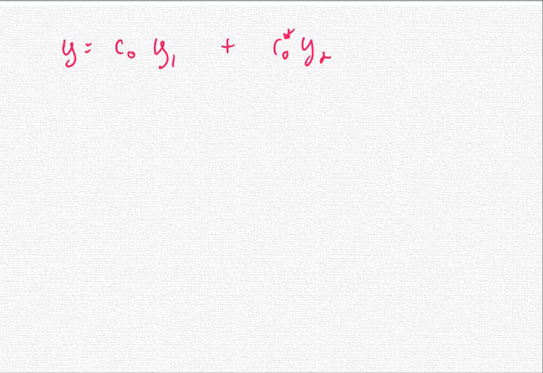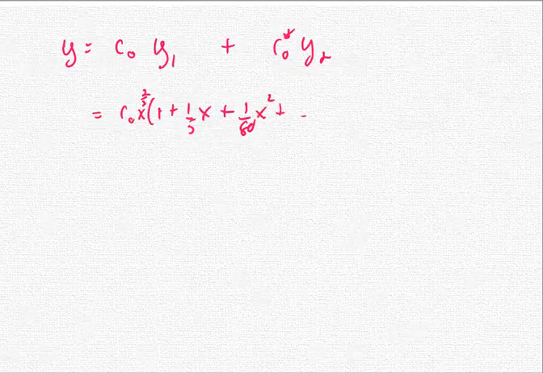The first one we get as c0 multiplied by x^(2/3) multiplied by 1 plus 1/5 x plus 1/80 x squared plus and so forth.